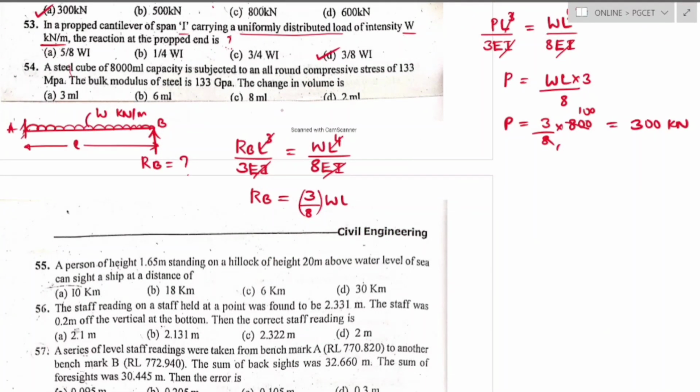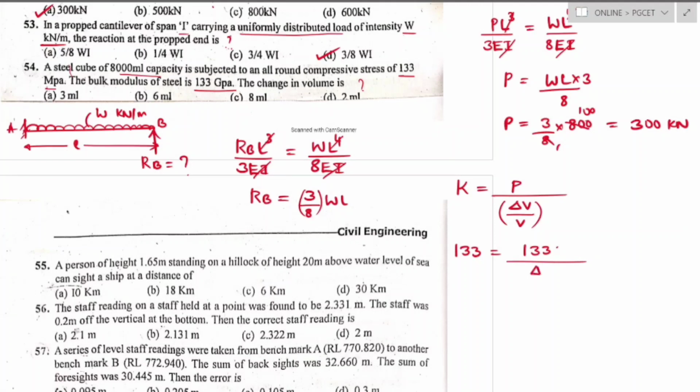Question number 54. A steel cube of 8000 ml capacity is subjected to an all-round compressive stress of 133 MPa. The bulk modulus of steel is 133 GPa. The change in volume is. From the definition of bulk modulus, we know that K is equal to compressive stress divided by change in volume by original volume. The bulk modulus is 133 GPa and the compressive stress is 133 MPa.